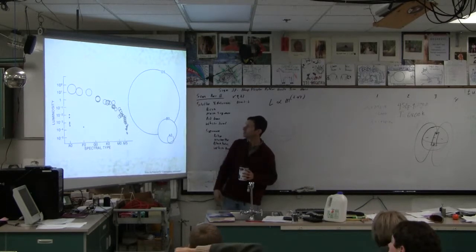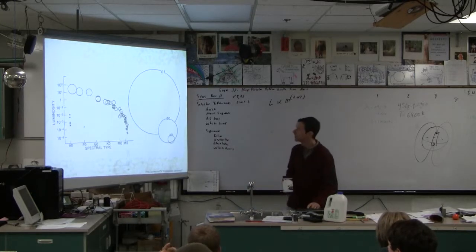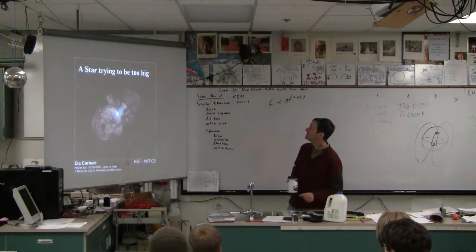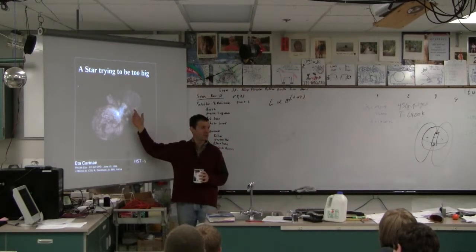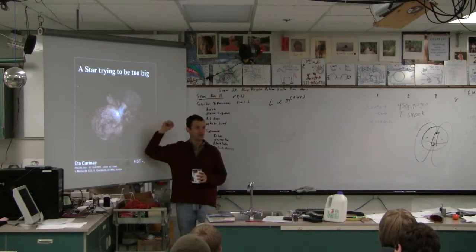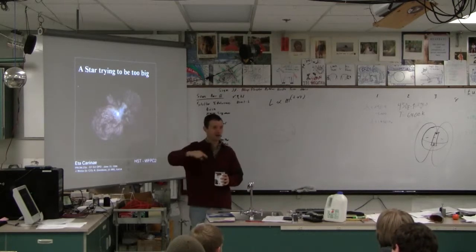You can't even draw a picture of them. So they just get giant, right? Here is Eta Carinae, which is a star. There's an upper limit to the size you can be. Eventually fusion is going to blow the star apart. Gravity or no gravity, it's just going to rip it apart. So basically the brightness of this star looked like the stock market.